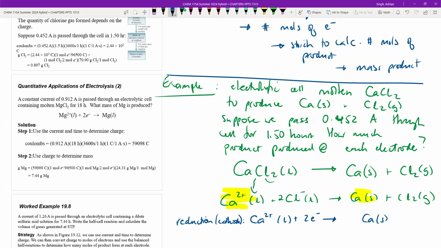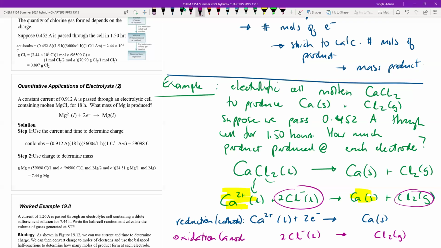And then similarly, we have chloride becoming chlorine. So we have 2 Cl- forming Cl2 gas. That's an increase in the oxidation number. This would be oxidation, which happens at the anode. And in order for this to happen, the chloride needs to lose those 2 electrons.